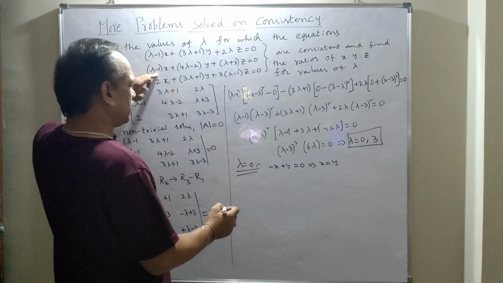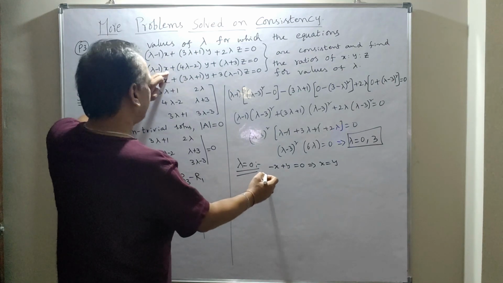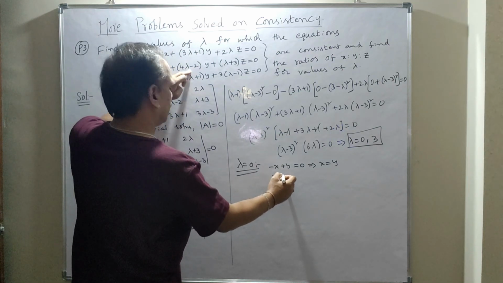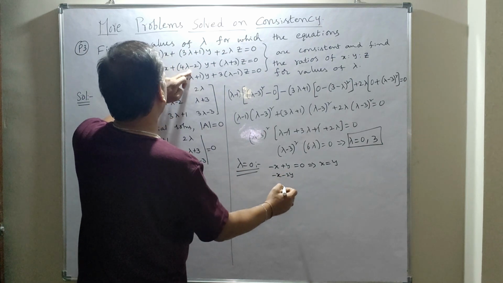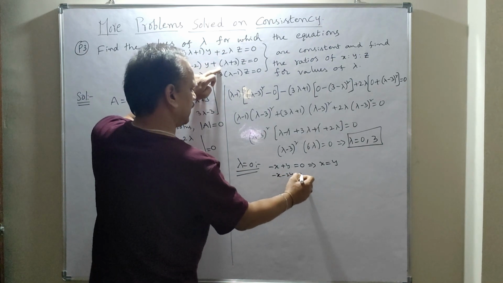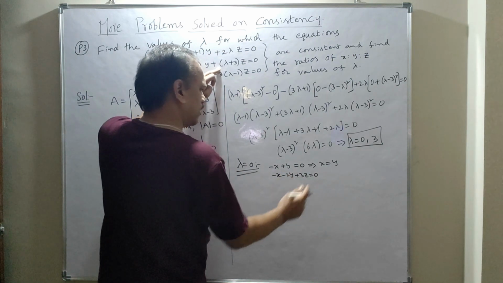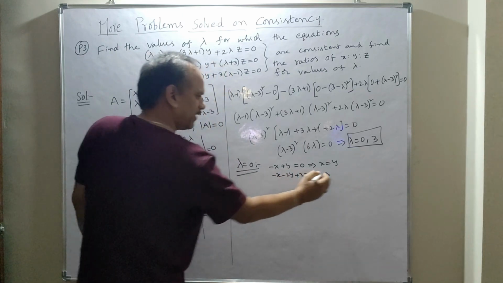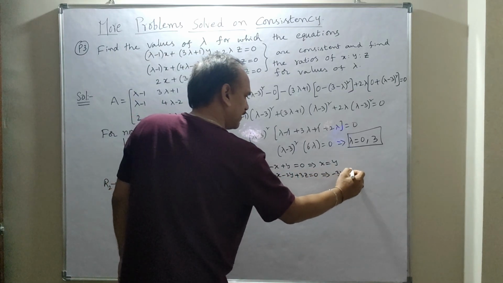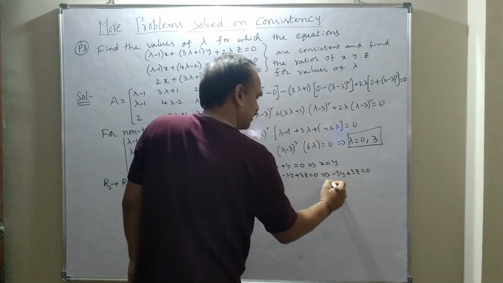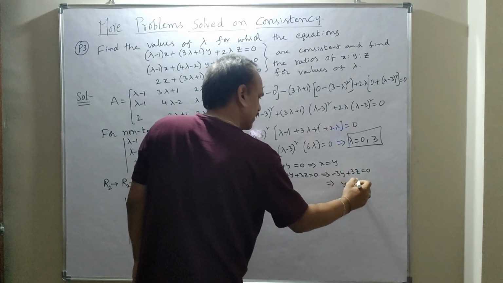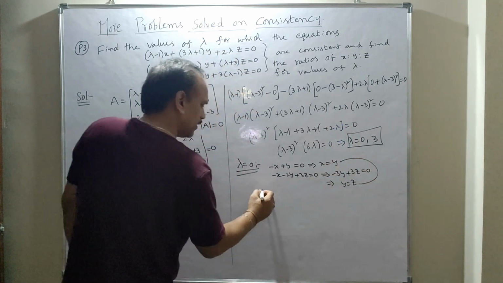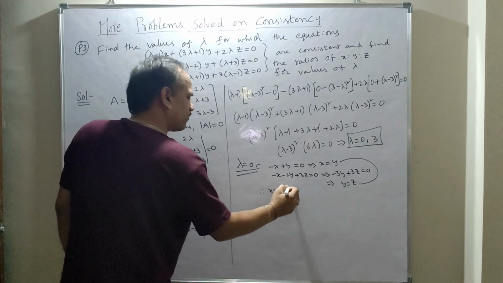You put lambda equal to 0 in this, you will get minus x minus 2y plus 3z equal to 0. Now put x equal to y in this. This becomes minus 3y plus 3z equal to 0. This implies y equal to z. So from these two, we have x equal to y equal to z.